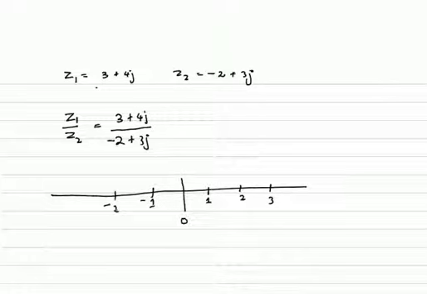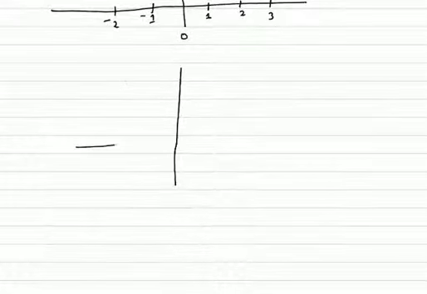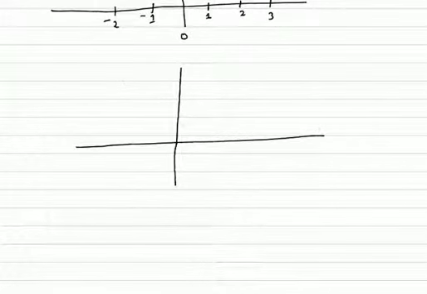But complex numbers, remember, are represented on a complex plane, whereby this is x and this is y. So if we've got a number somewhere here, we can talk of a number, let's say about 3 plus 4j.